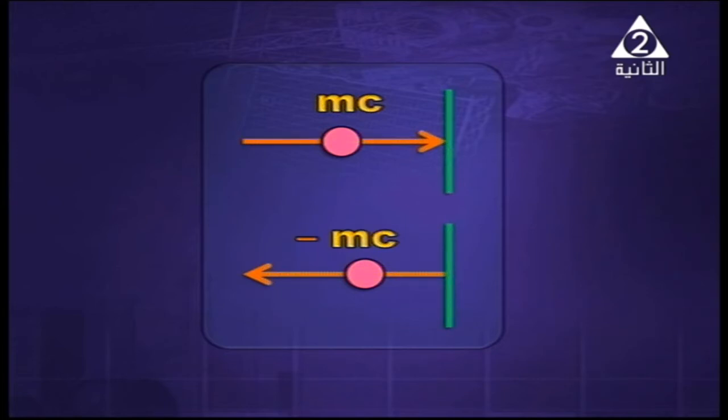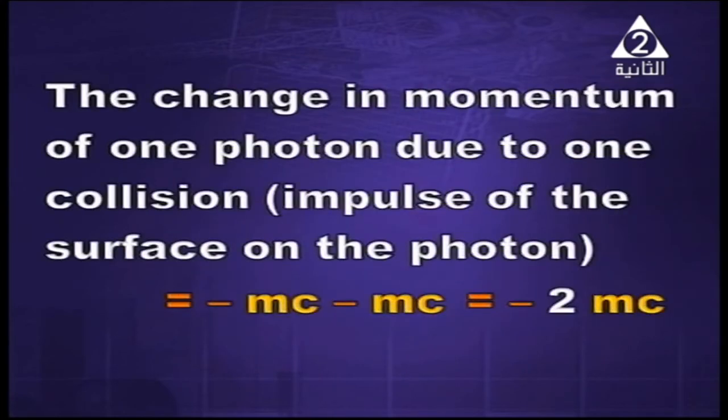So they will not lose any of their velocity. It just changes direction when it is reflected. So momentum before collision equals mc, momentum after collision equals minus mc. So the change in momentum of one photon due to one collision, we call it the impulse of the surface on the photon, is minus mc minus mc, which is negative 2 mc.